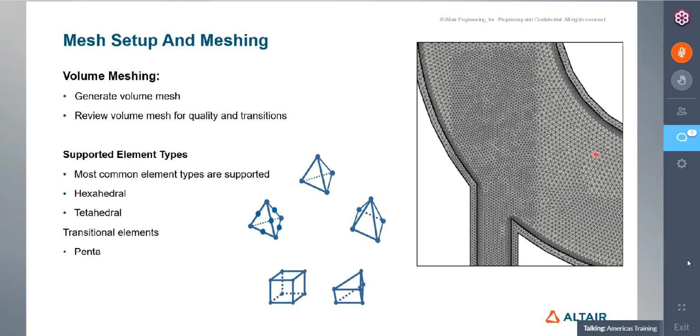So the idea here is we'll grab the geometry and split it up into different elements, and I'll talk about some of the sensitivities that go into the meshing as well. Let's say there's very active mixing happening within the fluid, then we'll want to refine our mesh. We'll want to have the smallest elements possible. The idea with meshing is that the smaller the element size is, the more accurate your solution will be.